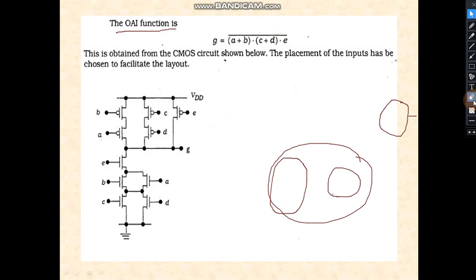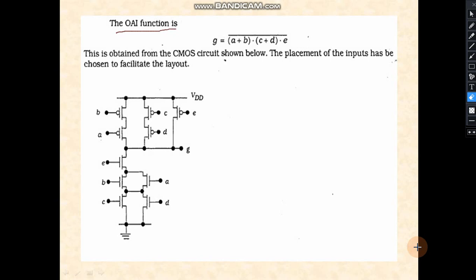First of all, we will draw this expression for NMOS, or explain this expression with the help of NMOS.